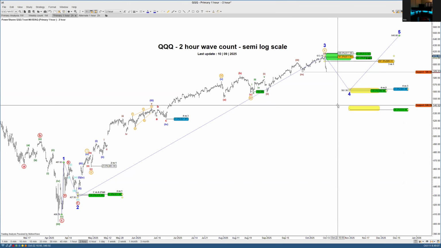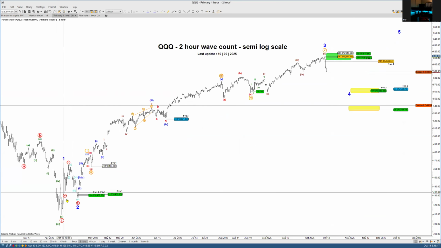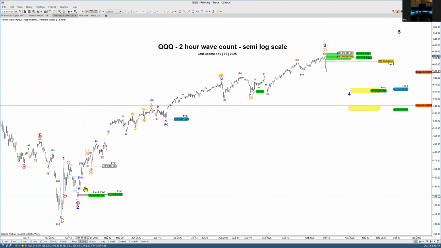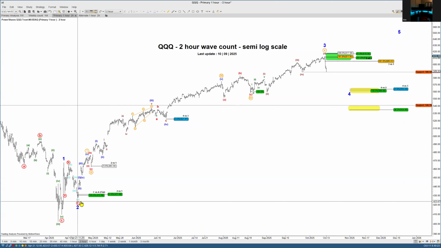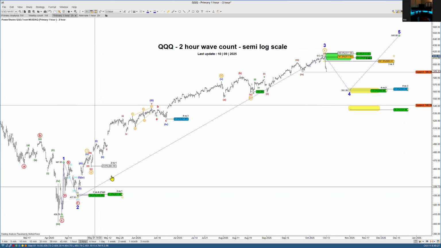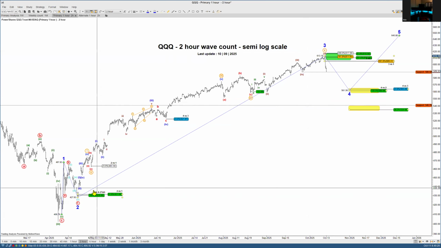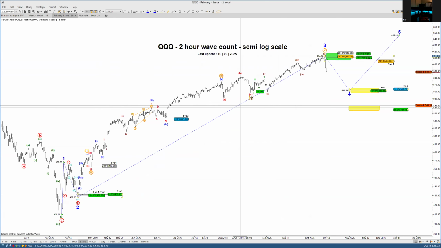I'd rather make little, but not get my ass kicked on a flush out. Just remember that. Don't size up trades in a counter trend move. You always size up trade in a higher high swing and once you have a third wave.